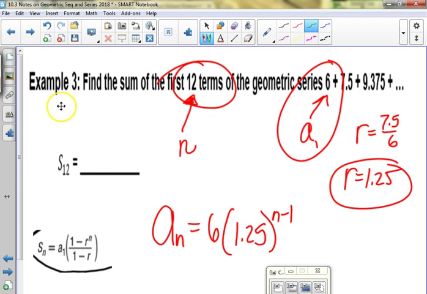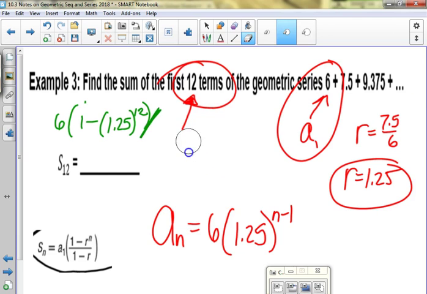So back to plugging things in. The first term is 6 times a giant parenthesis. Then on the top, you don't actually need a giant parenthesis. You can put one around the top and one around the bottom. So I'm going to do 1 minus, what's r? 1.25 to the 12th divided by 1 minus 1.25.